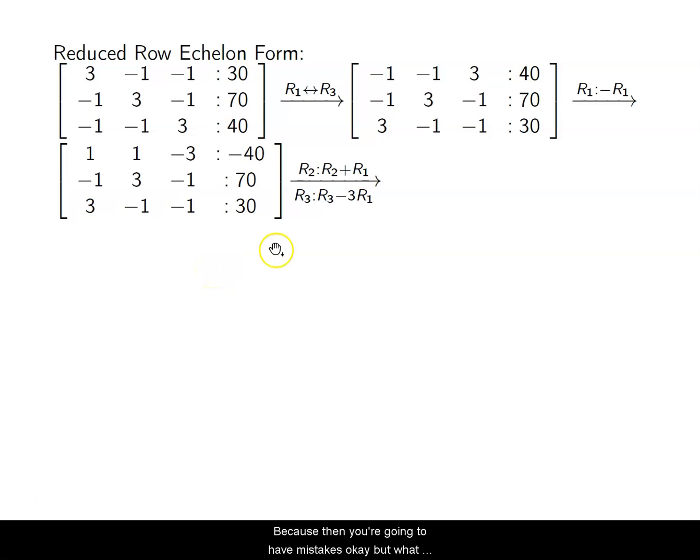Okay, but what you can do is, if you notice, R2 is only being affected by R1. R3 here is only being affected by R1. I'm not taking R3 and doing something with my old R2 or my new R2 in this single step. I'm just using this one thing, this one row, to manipulate 2 other rows.